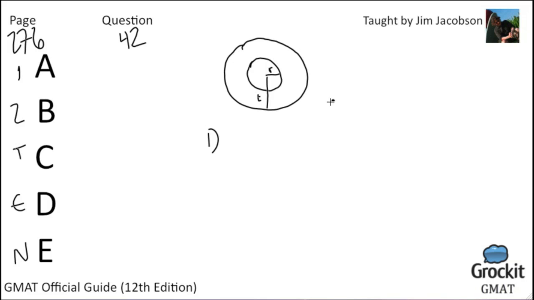So statement 1, the ratio of t minus r to r is 0.15, and t minus r is equal to 0.3 foot, 3/10 of a foot.